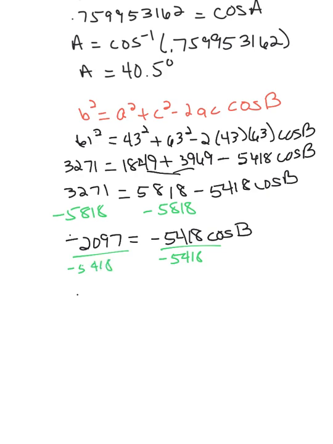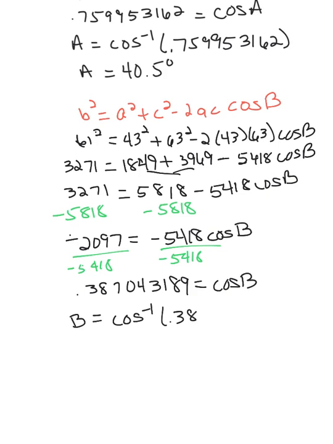And we get 0.387043189 equals the cosine of B. So B equals the inverse cosine of our decimal.